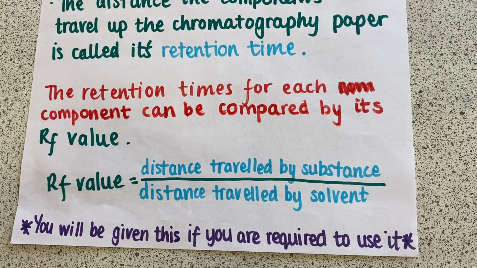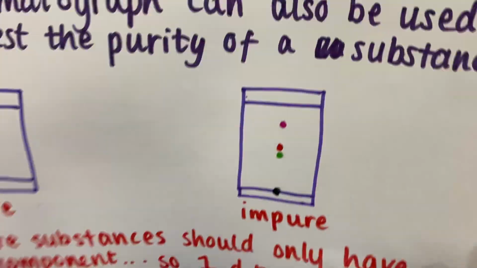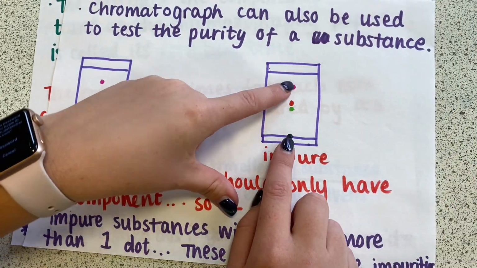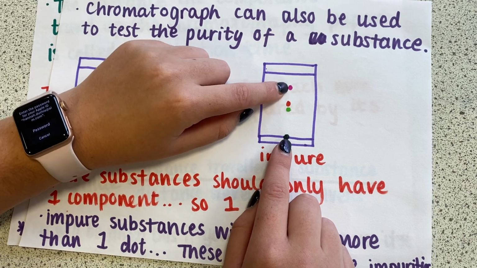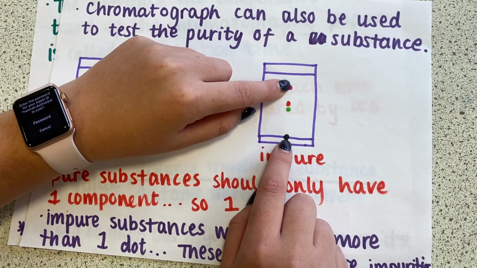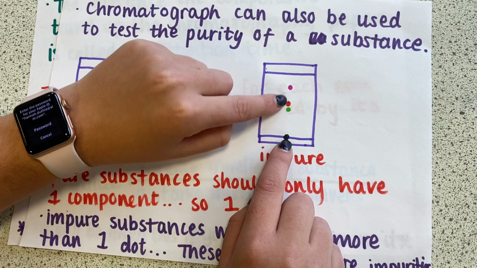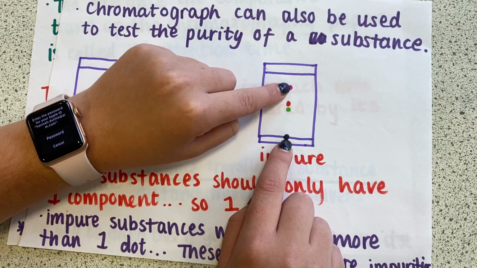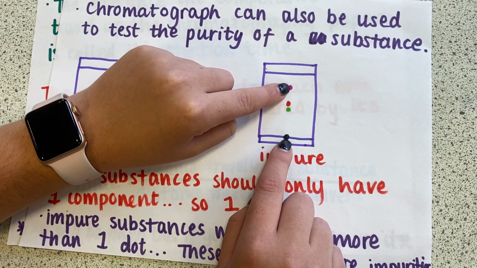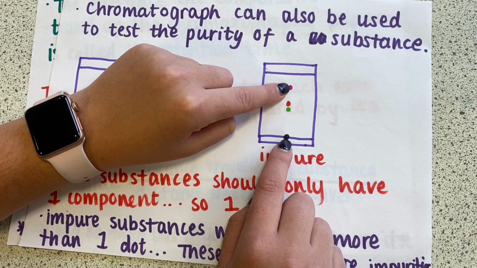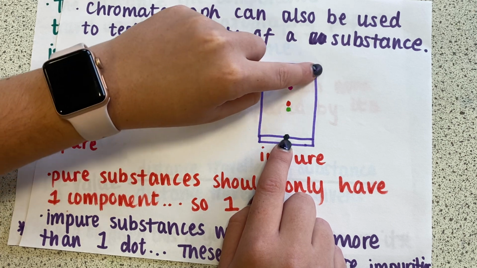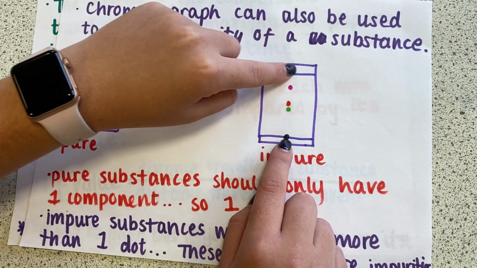Their RF value is the distance travelled by the substance divided by the distance travelled by the solvent. Here you would get a ruler and measure, for example, this one up here. You would measure the middle of that dot to where it started, so that would be this distance here. Then you divide it by the total distance travelled by the solvent. This is called your solvent front.